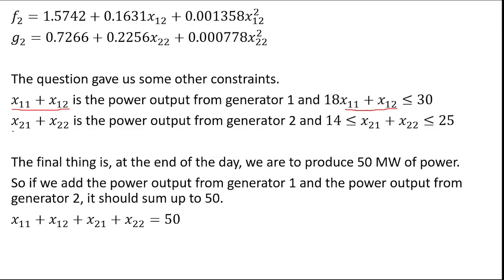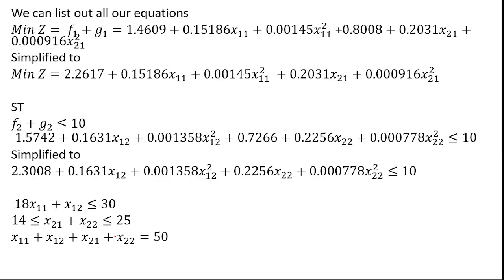Then for generator 2, they gave us the expression for the power output as well, and they said the value should be in between 14 and 25. So the last thing is, at the end of the day, we are supposed to produce 50 megawatts of power. So if we add the power output from generator 1 and from generator 2, it will sum up to 50. So that becomes my last constraint.